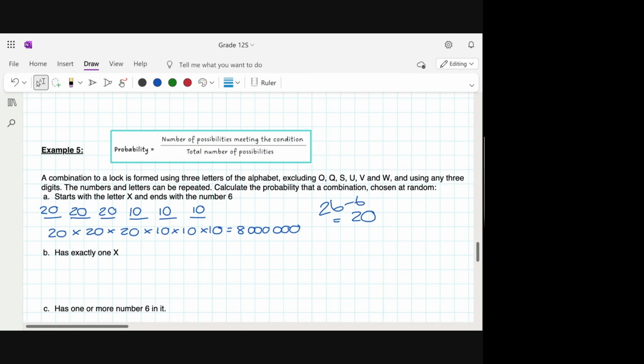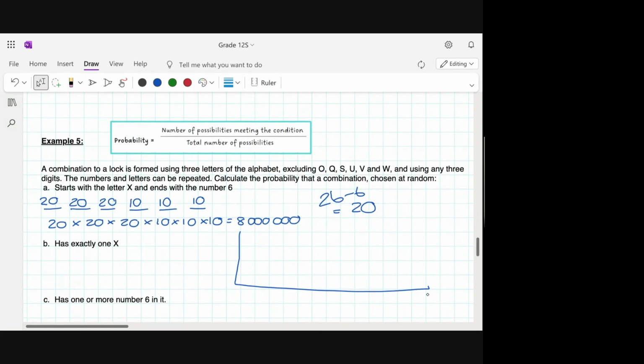So those are our total number of combinations. If I want to calculate what my remaining are, I'm just going to calculate it down here. If it's starting with an X, I've only got one option here. Apologies.